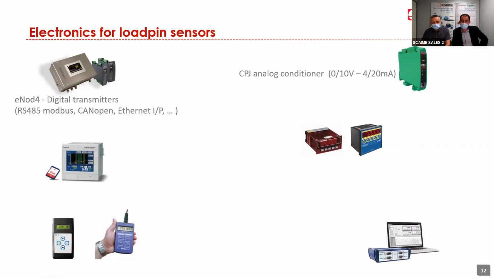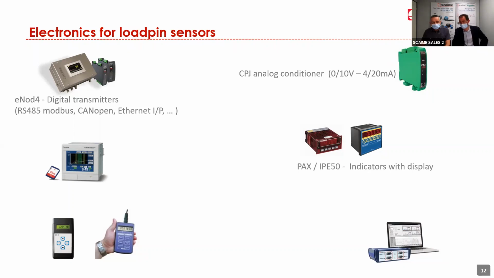So E04 is a range of digital transmitters that will convert the millivolt signal from the load pin into a digital signal. So it means that these electronics integrate an A to D conversion board. And the signal that you can get with this range of digital transmitters is either a serial communication, RS485 Modbus, CANopen, or even Ethernet communications: EtherNet/IP, Profinet, EtherCAT, or Modbus TCP.